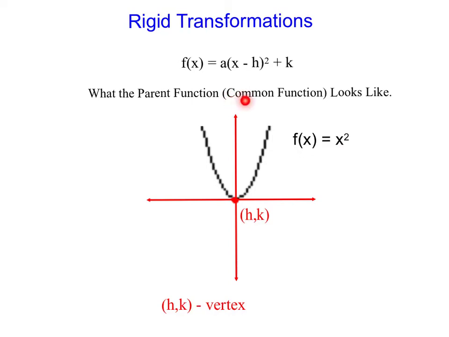It calls it a common function. So oftentimes I will use the word parent function or common function interchangeably. So just so you know, this is the parent function or the common function for the parabola. Notice the vertex point, (h, k). For the parent function, that (h, k) is right there at (0, 0).